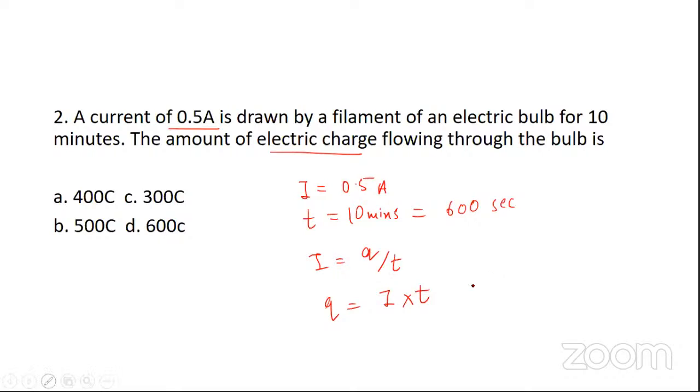क्या आ रहा है? ये हो जाएगा 0.5 into 600, that is 300 and charge की unit is coulombs.